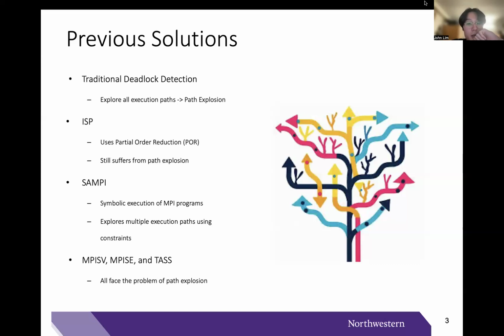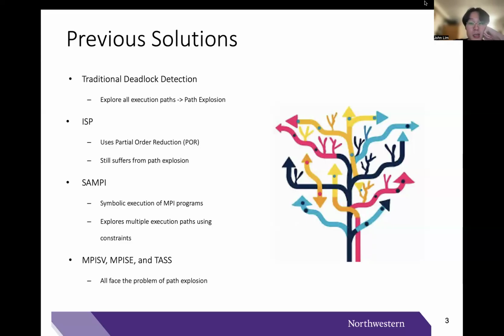There is another solution, which is SAMPI, and it detects potential deadlocks in MPI programs by using symbolic execution. Instead of running the program with concrete inputs, it explores all possible communication paths using symbolic values and builds a state space of feasible executions. It then uses SMT solvers to check whether a sequence of sends and receives can lead to a deadlock based on MPI's matching semantics.